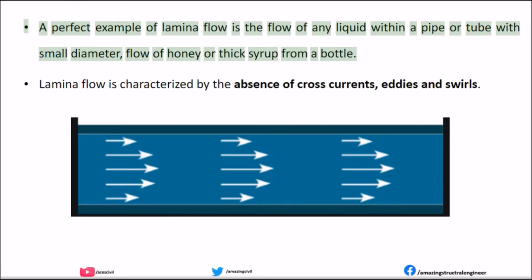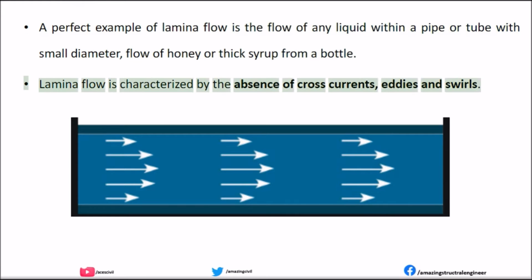A perfect example of laminar flow is the flow of any liquid within a pipe or tube with small diameter, flow of honey or thick syrup from a bottle. Laminar flow is characterized by the absence of cross-currents, eddies, and swirls.